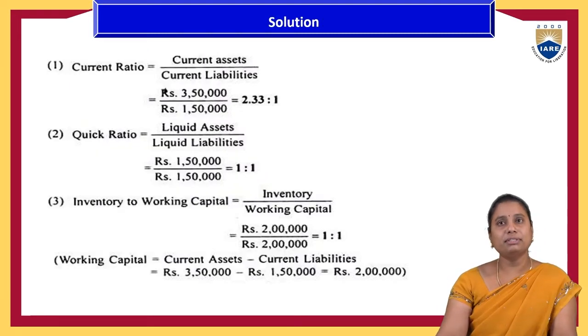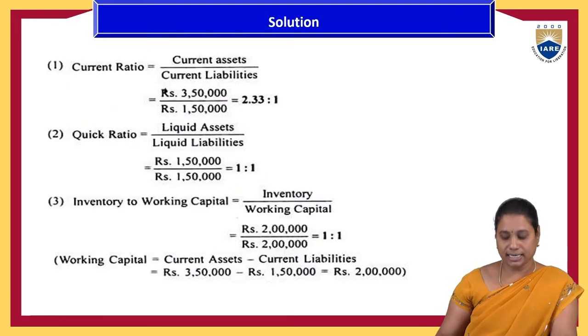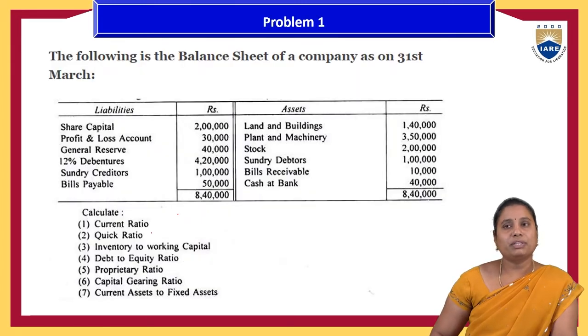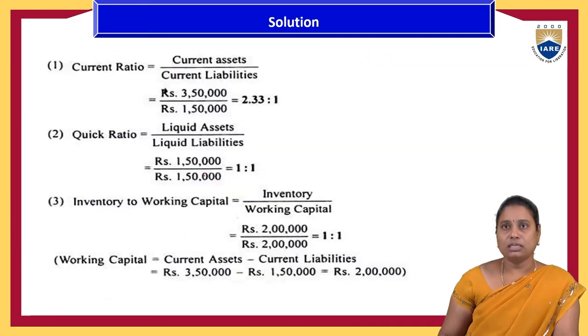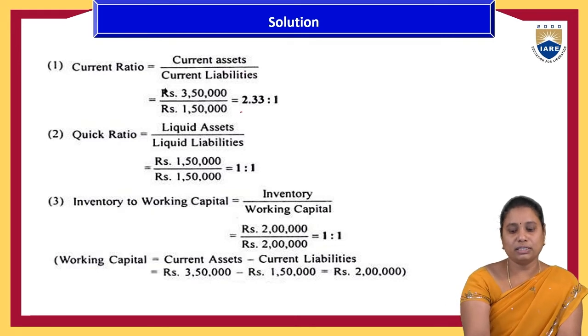So for the solutions, current ratio is current assets divided by current liabilities. In this one, the current assets total is 3 lakhs 50,000, and current liabilities are 1 lakh 50,000. So 3 lakh 50,000 divided by 1 lakh 50,000 gives 2.33 is to 1.